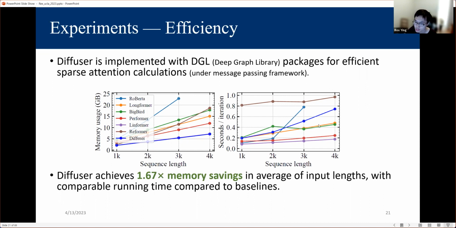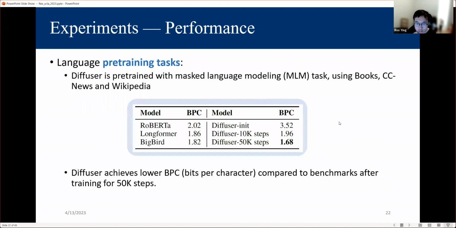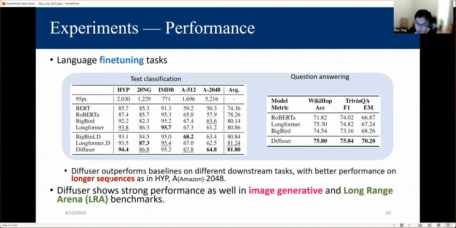But we do realize that it's not the fastest possible, but it achieves a lot of memory savings. Okay, so here are some results. We have the pre-training task for language, and we can show that it achieves better performance on masked language modeling. It also does well in fine-tuning tasks like text classification and question answering, given a trained sparse transformer.